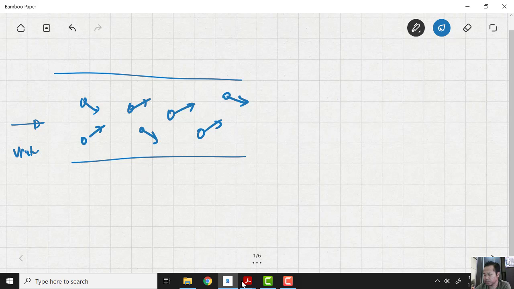position and velocity. For example, we have particle A, particle B, C, D, E, and so on. You have to track every position. For example, we have X1, Y1, Z1 and its velocity V1, we have another one, X2, Y2, Z2, and we have V2.